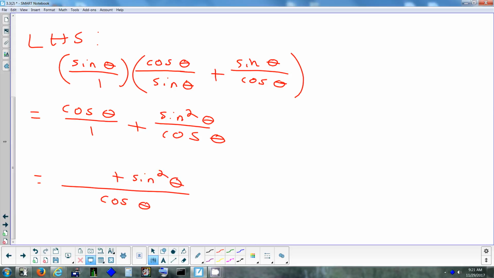Cosine. So multiply by cosine, multiply by cosine. And Robin, what's that going to give me in the top? Cosine times cosine. Cosine squared. Yeah. 2 would be if you added.